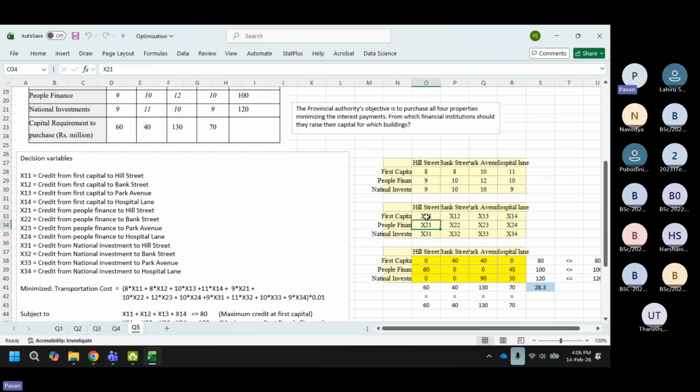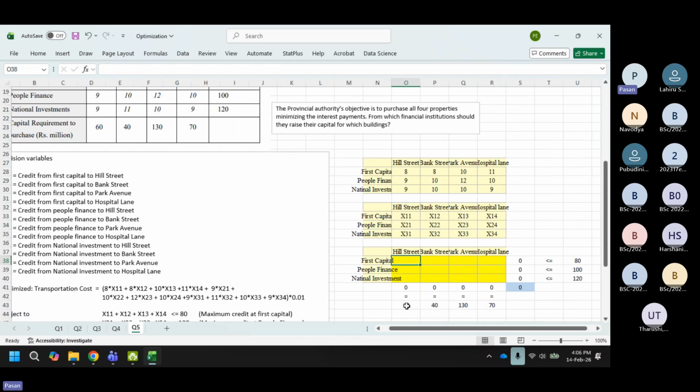I just put them as x11, x12, and so on, just to indicate what each cell is representing. These cells here are the variable cells I'm having.